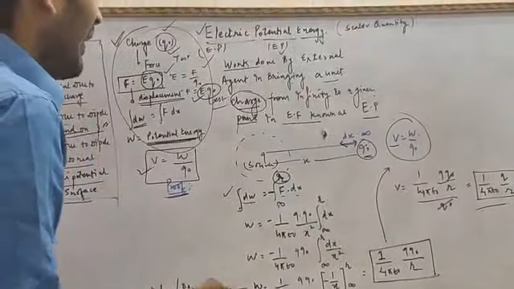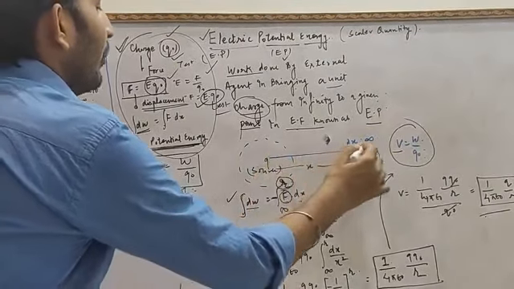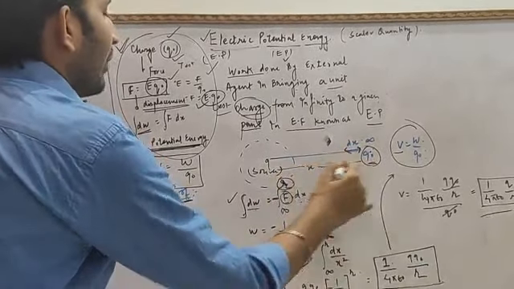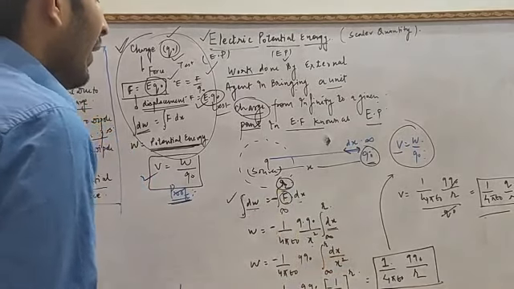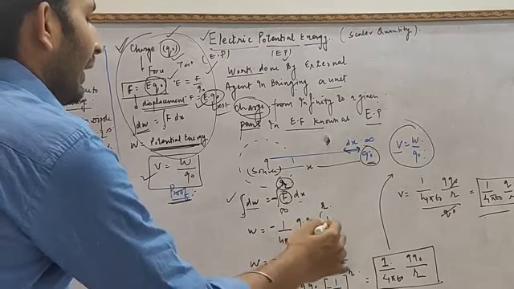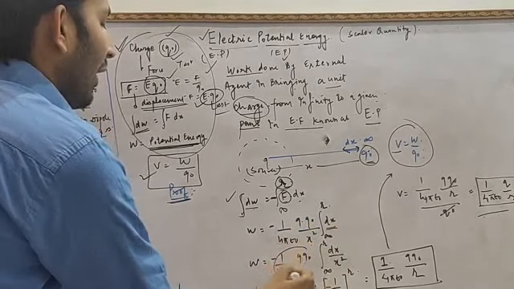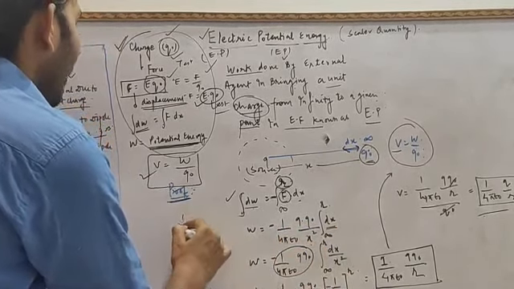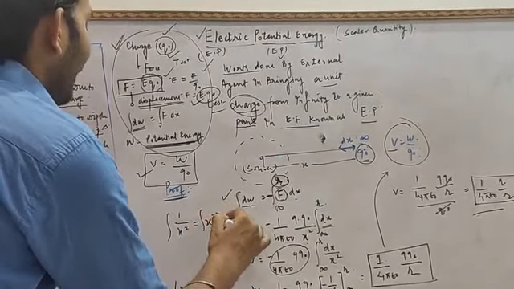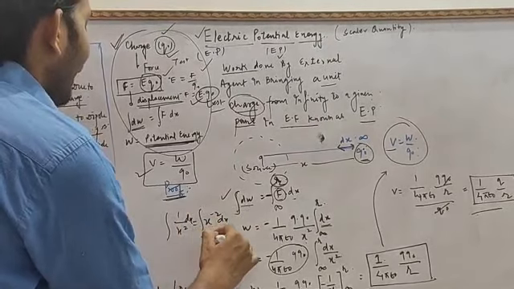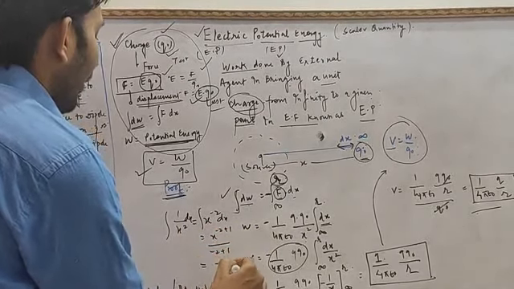We know the value of the force: 1 upon 4 pi epsilon naught, Q into Q0 upon x square, because the total distance is x and the displacement will be dx, from infinity to R. So dx upon x square will be taken under the integration, and these are all constants. The integration of 1 upon x square dx equals x to the power minus 2 plus 1, that is equal to minus 1 upon x.